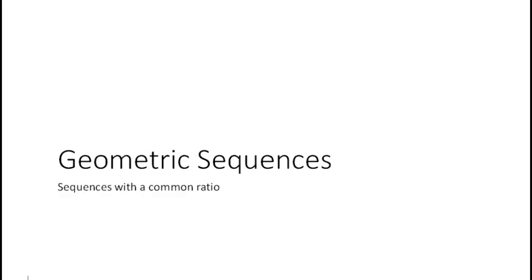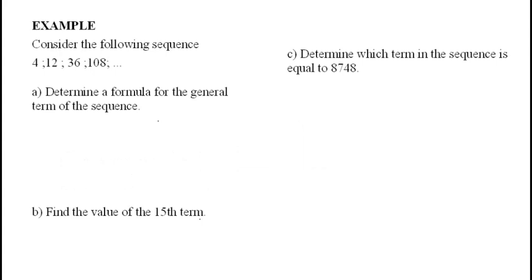Now we move on to geometric sequences. These are sequences that have a common ratio. So if we have this sequence here, 4, 12, 36 and 108, we can see that in this sequence we are multiplying by 3 to each term.